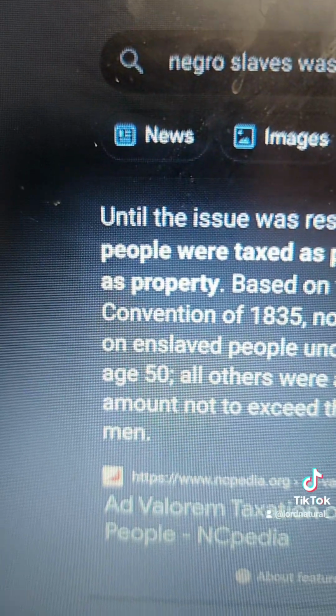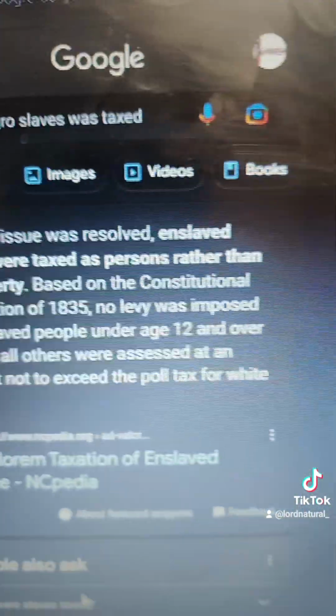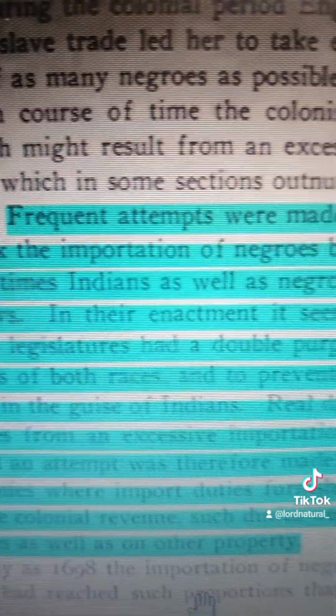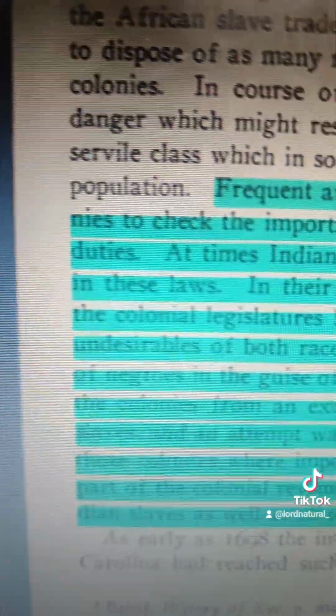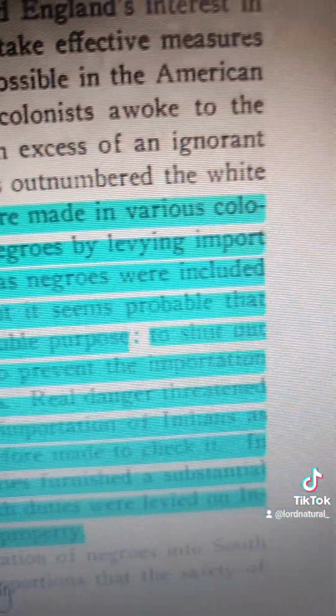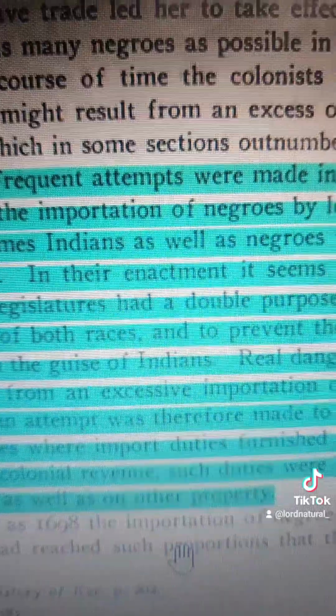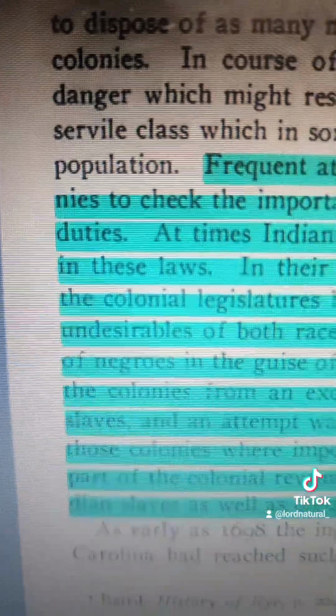All right, you see, people were getting taxed all the way up to 1835. Frequent attempts were made in various colonies to check the importation of Negroes by levying import duties. At times, Indians as well as Negroes were included in these laws. Now check this out.